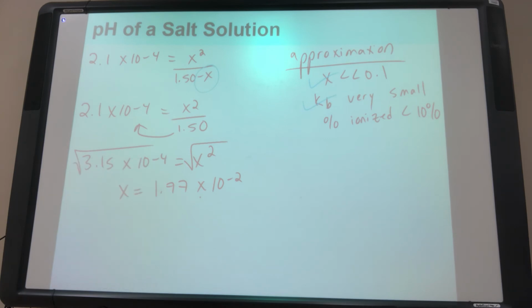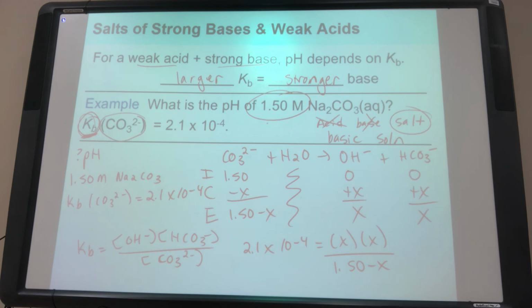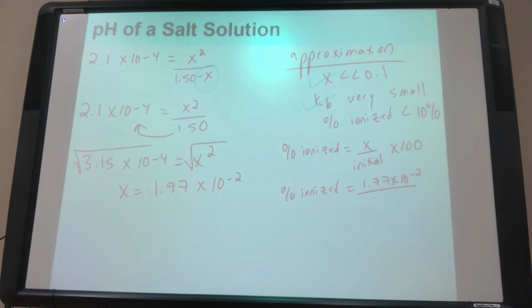Okay? So you could also go ahead and find your percent ionized. Percent ionized is x over initial times 100. So that's going to be 1.77 times 10 to the negative 2 over the initial, which was 1.5.